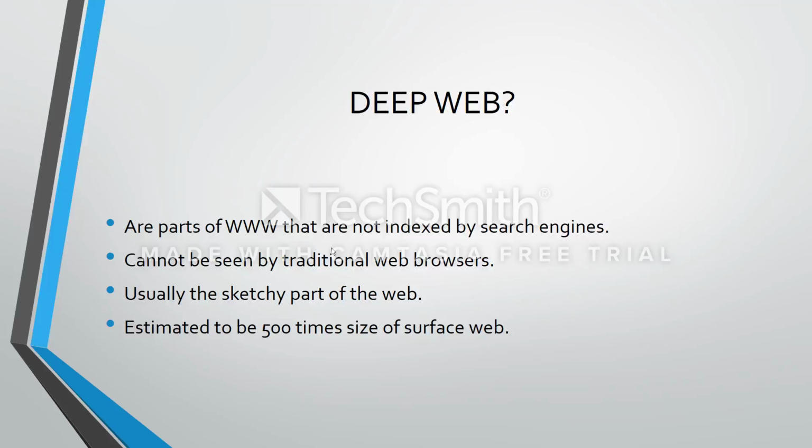It's hidden over layers and layers of content. It's not easy to access the deep web, and you cannot access it using your normal browsers. You need special browsers for that. And more often than not, the deep web is used for sketchy parts of the internet.